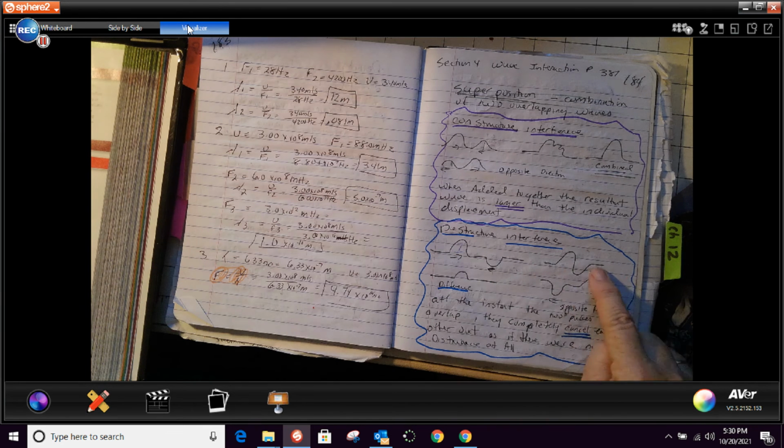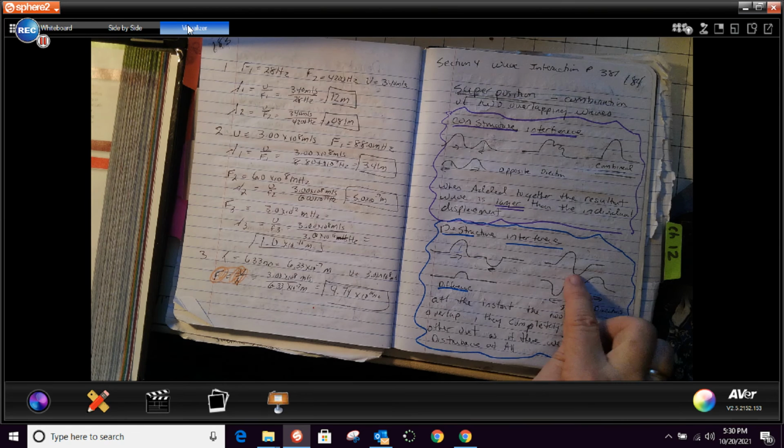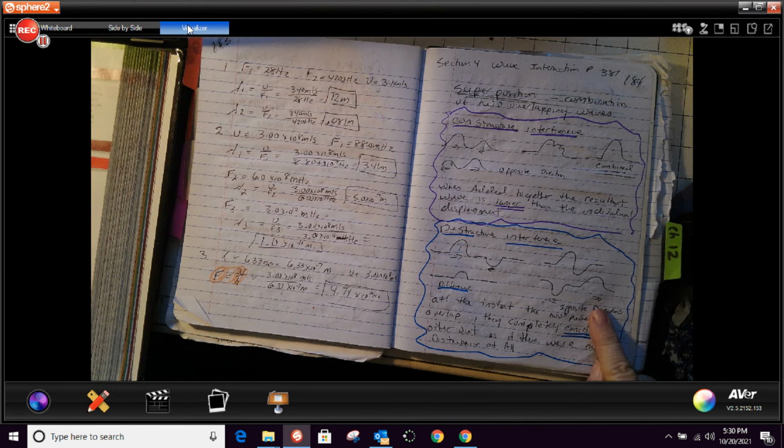As they come together, they no longer combine. They take the difference of the two troughs themselves in opposite directions. As you can tell by the drawing, this wave is going to go back in the opposite direction.